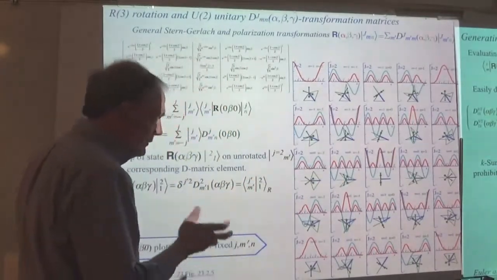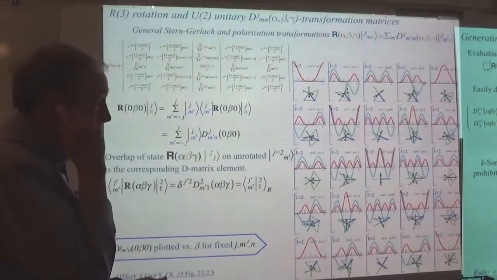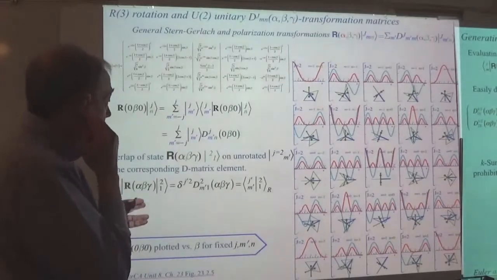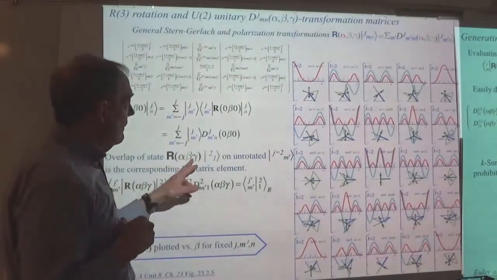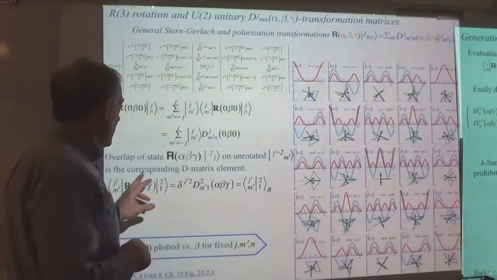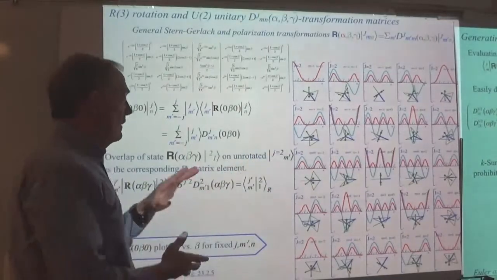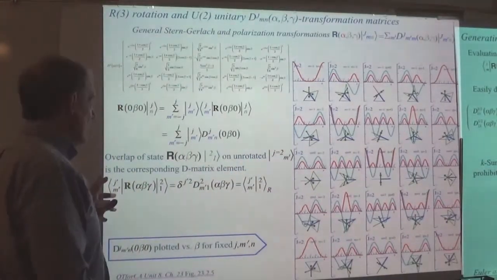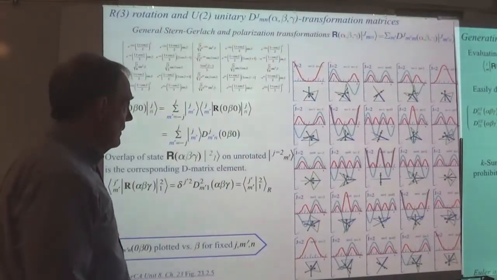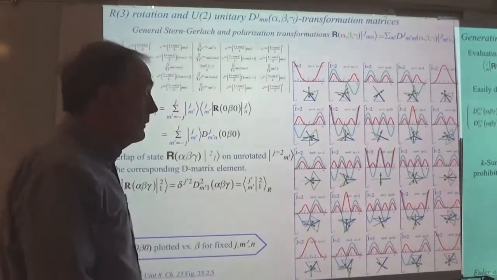That's the actual molecule showing these things as a wave function, because it's doing this experiment on itself as it rotates. Okay, so basically we're looking at the overlap of the state, say 2-1, on an unrotated state, this thing right here, on an unrotated beam analyzer corresponding to D matrix element, this one right here. So that's what you get if you plot them all.